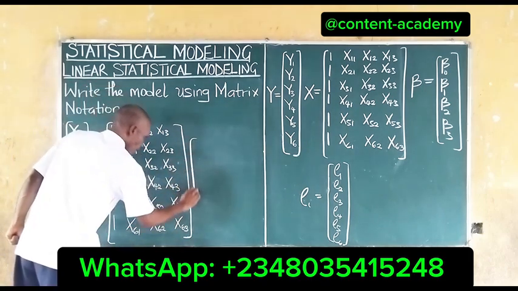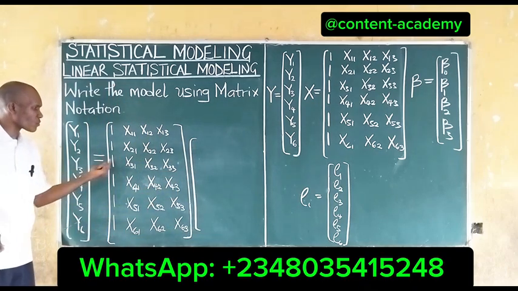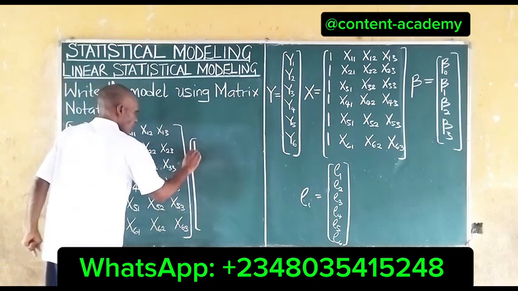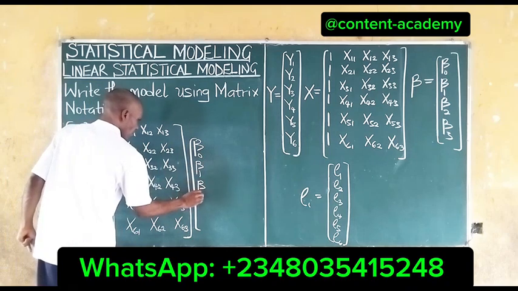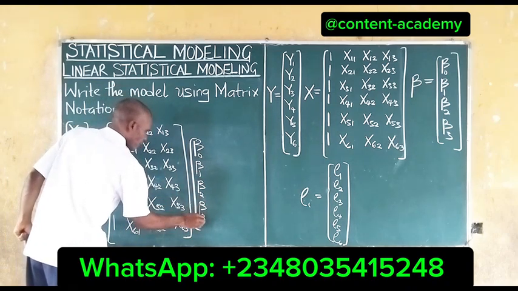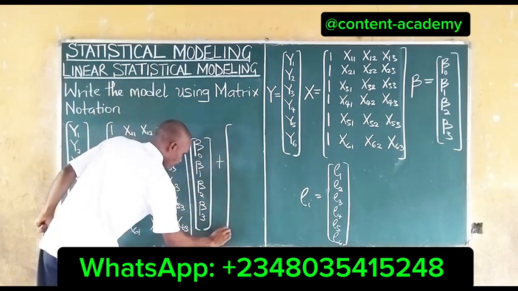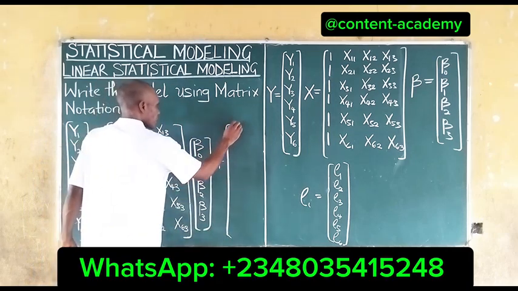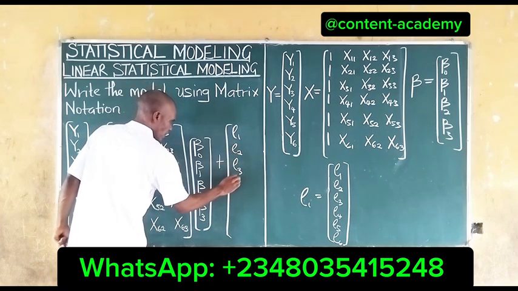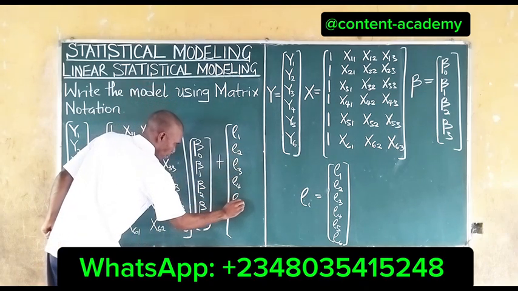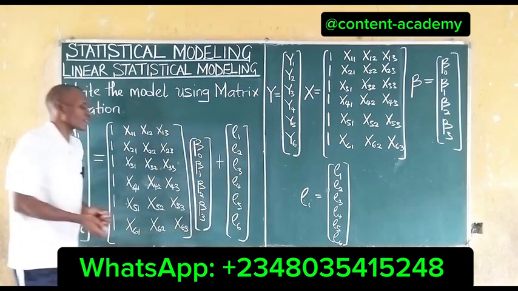Then we have the b, because y is equal to xb. b is b naught, b1, b2, and b3, plus our error term. Our error term is e1, e2, e3, e4, e5, and e6.